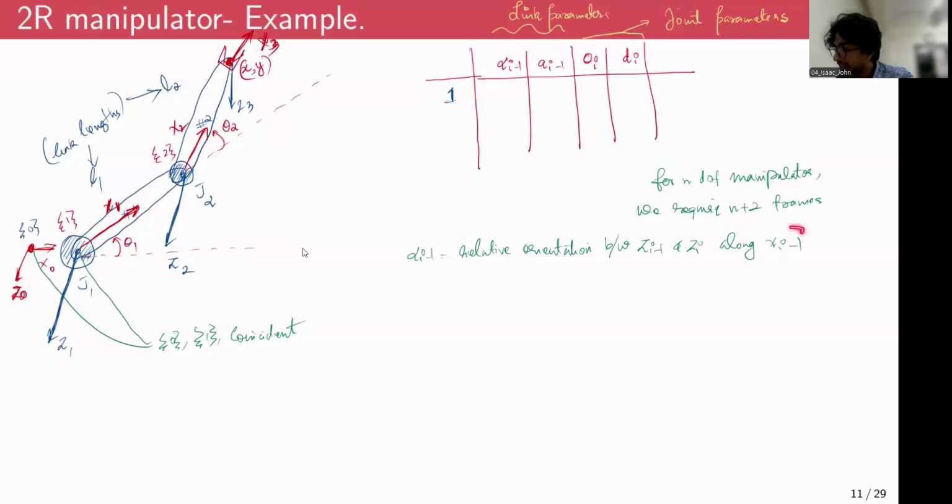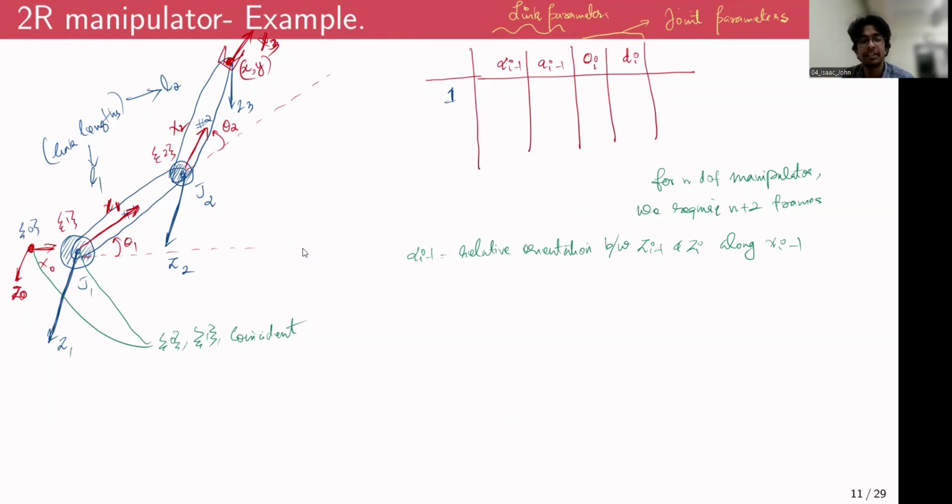So here xi minus 1 is x0, and zi minus 1 and zi are z0 and z1. In this case, as you can see, both of these axes are parallel.